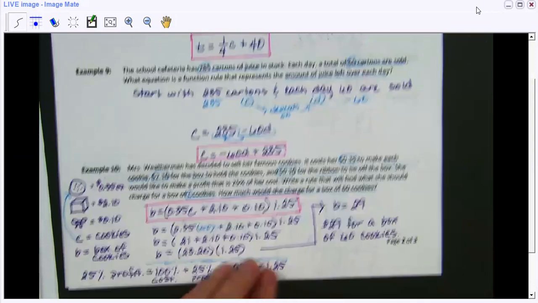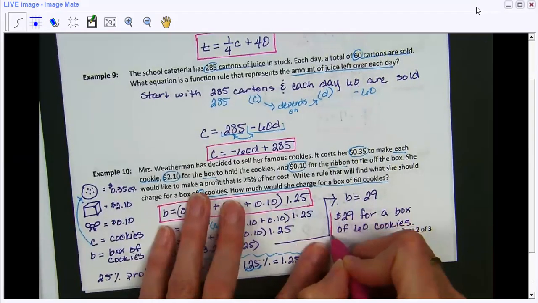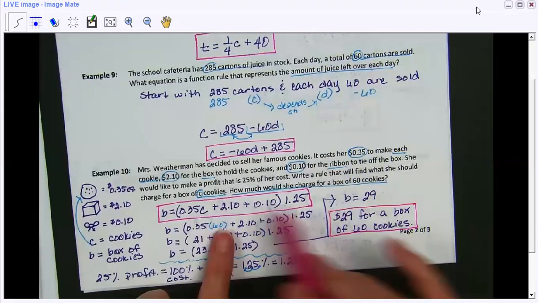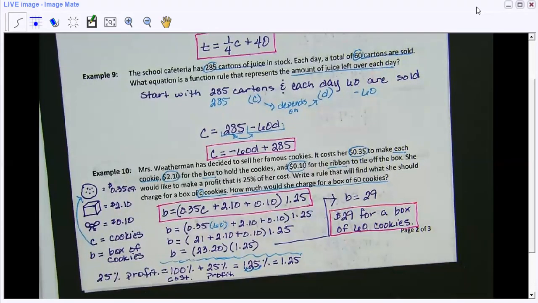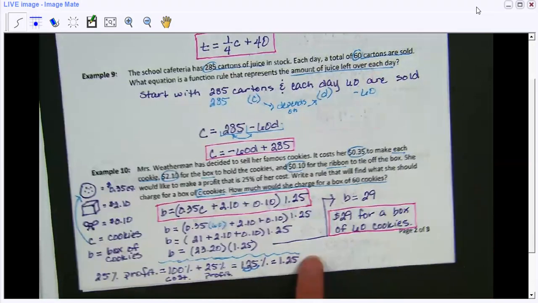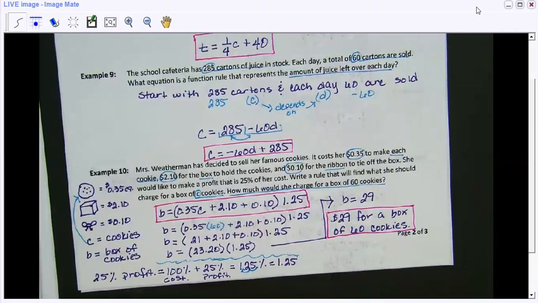And that is your final answer right there. So this was a two-part question, the equation and the answer to the final question. Okay. A lot of work for one problem. Of course, you may not need all of this or you don't need to write all of this down when you're doing your homework. It just kind of helps me to think through the problem. So I'm giving you different ideas to do that with.